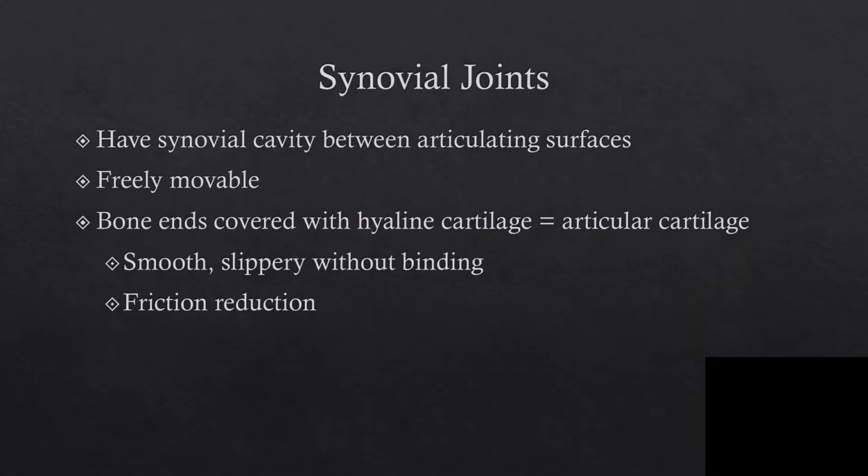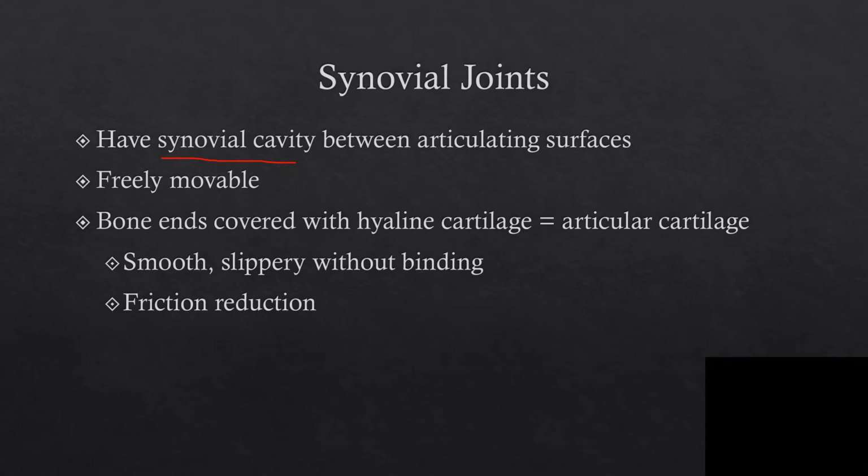Synovial joints. Now this is the fun part, where we get into some really more interesting arrangements of a joint. A synovial joint has what's called a synovial cavity, which means that between the two opposing bone surfaces there is a potential space, which is basically filled with fluid.